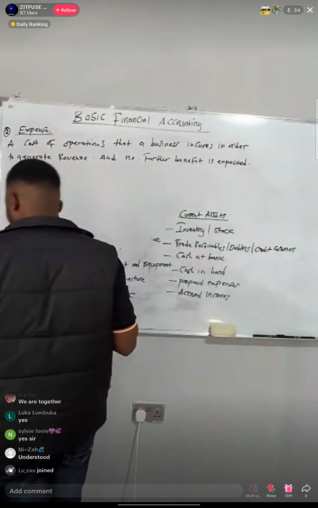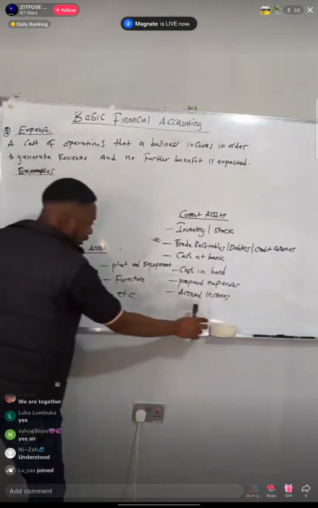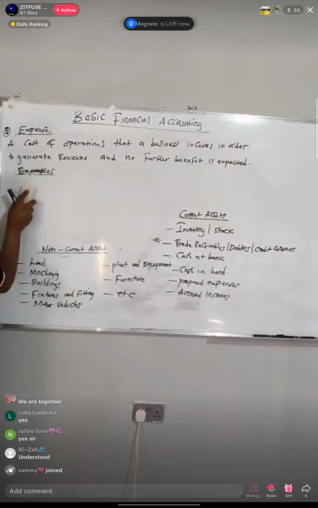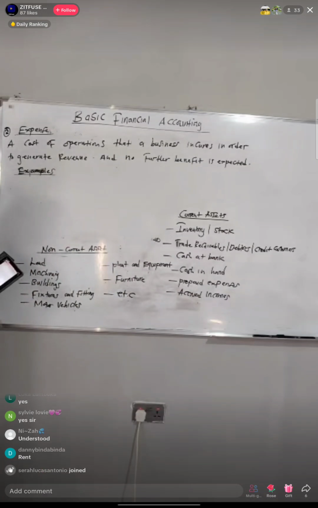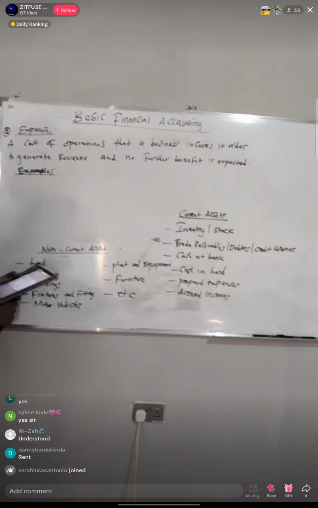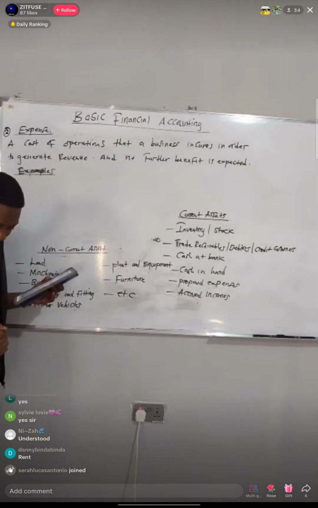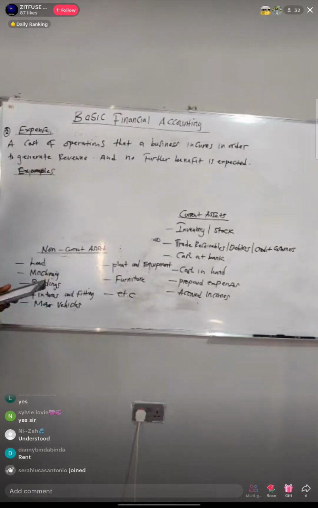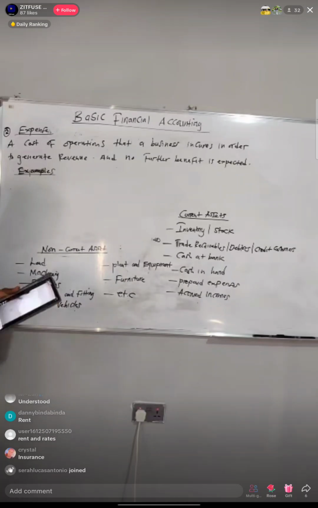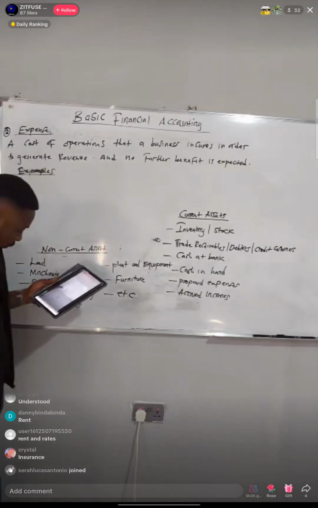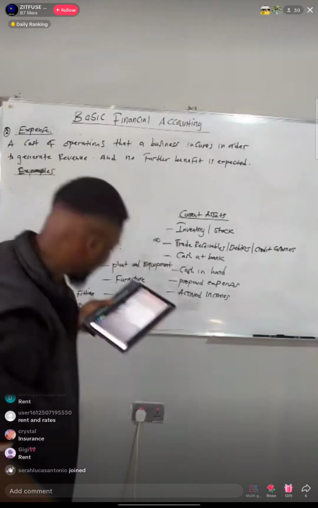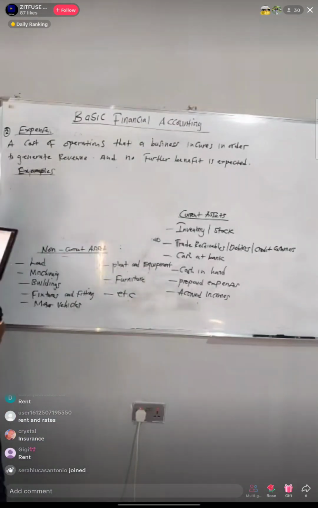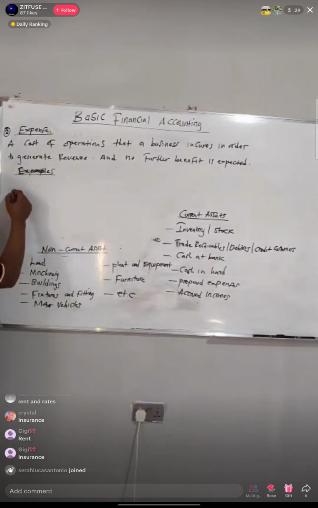Examples. Here we'll do some examples in the comment section. What are the examples of an expense? I can see someone saying rent. Rent is correct. Rent is one of them.